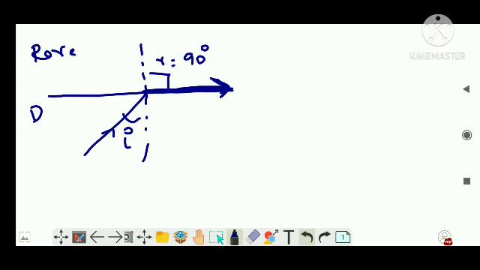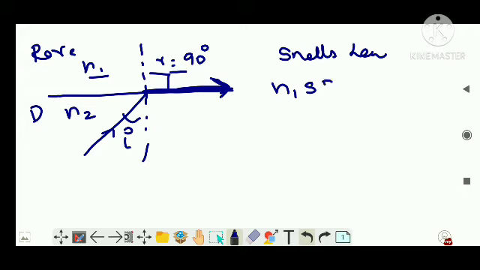Now let's say the rarer medium has refractive index n1 and n2 is the refractive index of the denser medium. So we are going to apply Snell's law. When I apply Snell's law, I can write n1 sin r equals n2 sin i, right? And we apply Snell's law when the critical condition has been achieved.